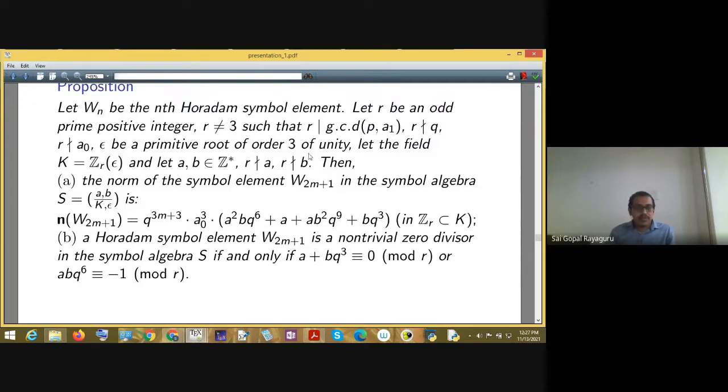Okay, the above conditions are the same, but in case of these odd index Horadam symbol elements, this norm is defined like this: q raised to the power 3 plus 3.